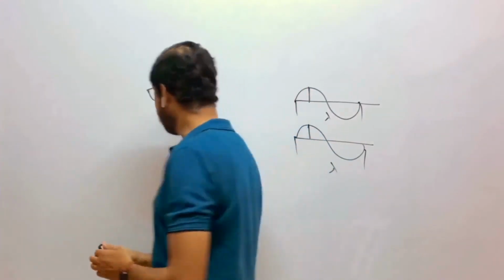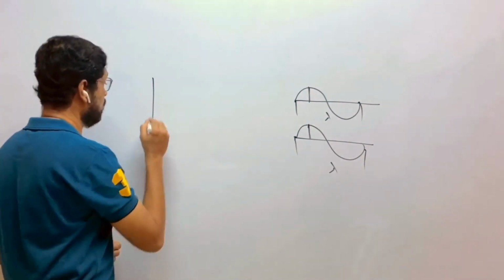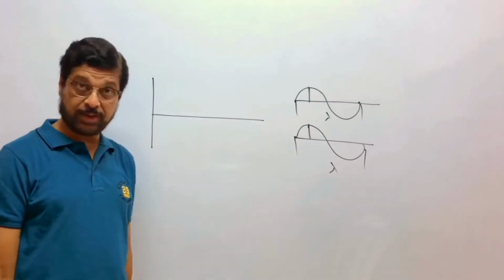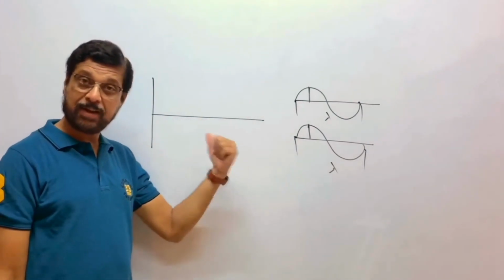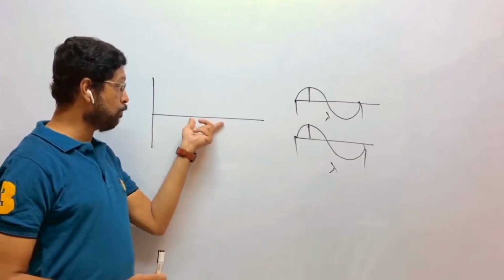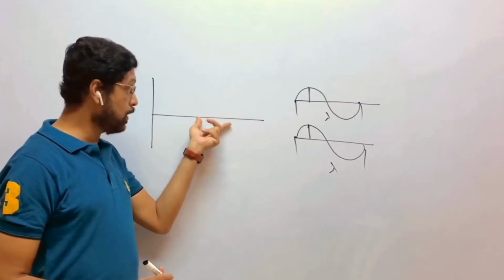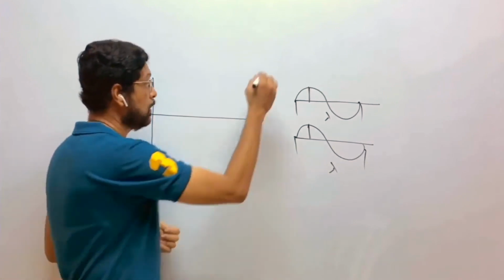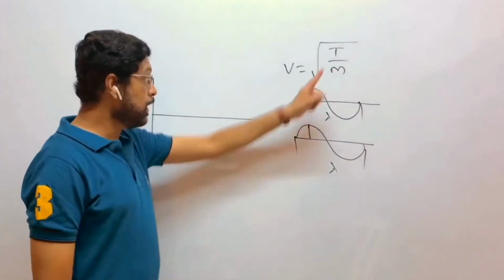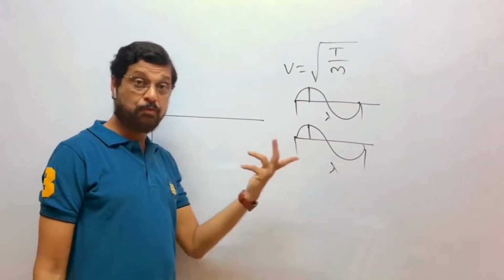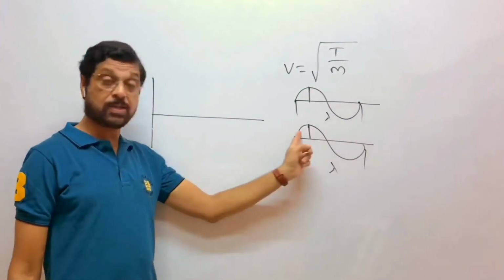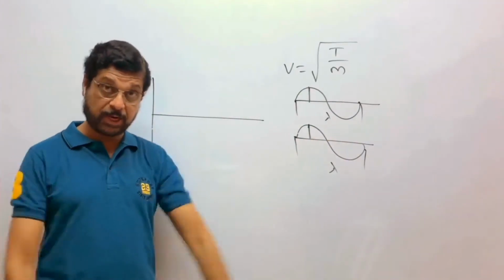Suppose a string is tied to a wall. This is a stretched string, which means it is under tension. That is very important for waves, because the velocity of a transverse wave on a string is given by V equals the square root of T by M. If there is no tension in the string, a wave will not be formed and the velocity will be equal to 0.